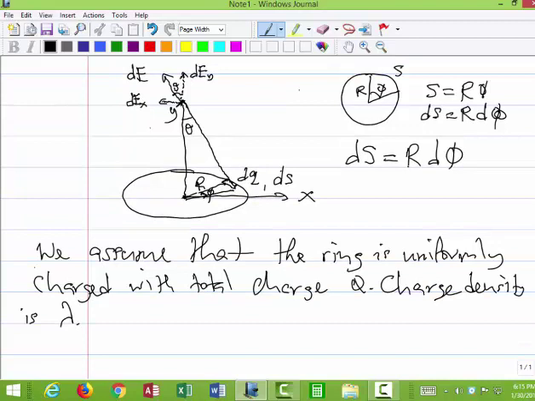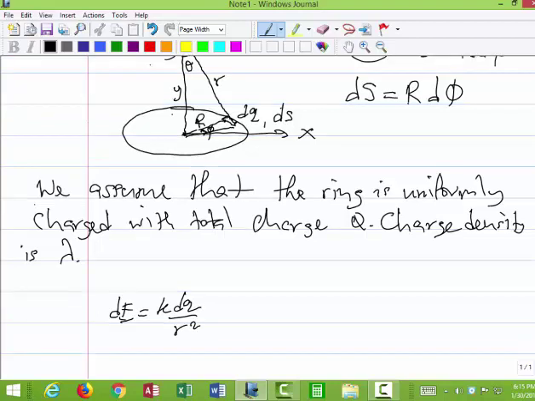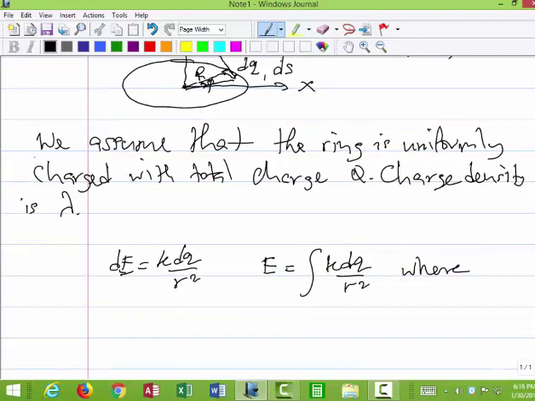We already know that dE is k dq over r squared, where this length we can call y because it's on the y-axis. So the electric field E can be written as an integral of k dq over r squared, where r squared is equal to y squared plus r squared.